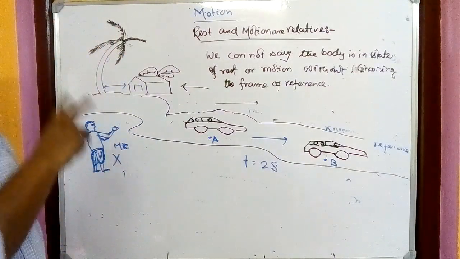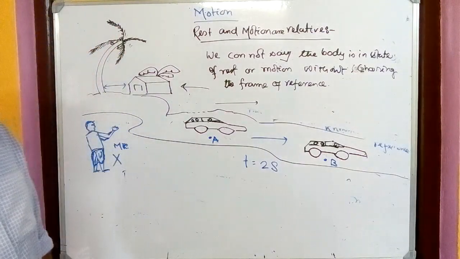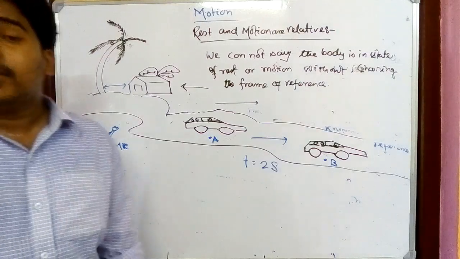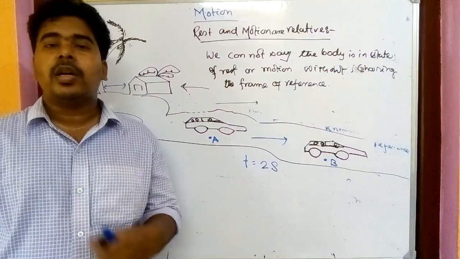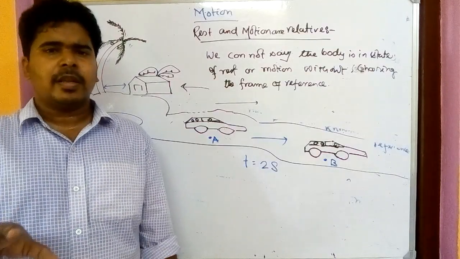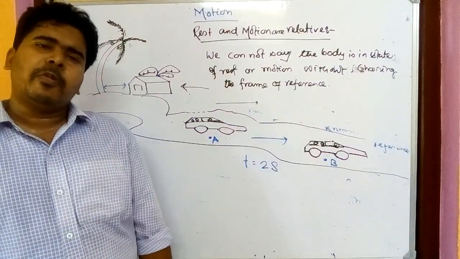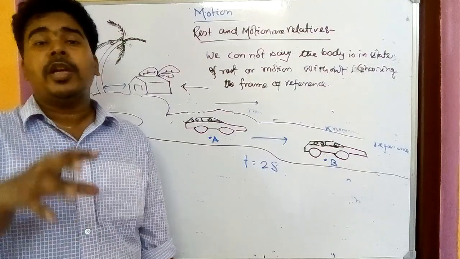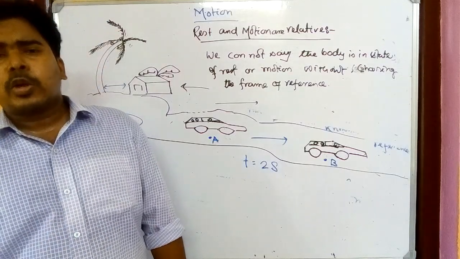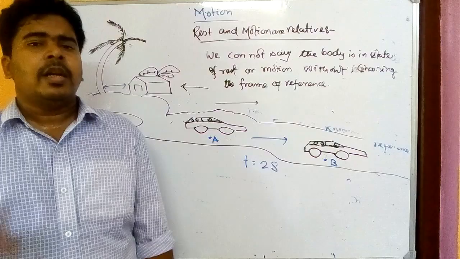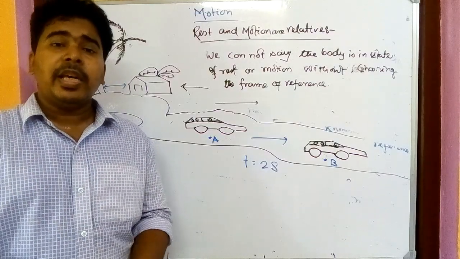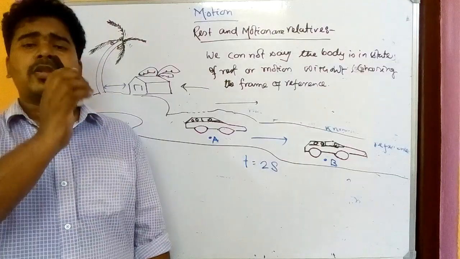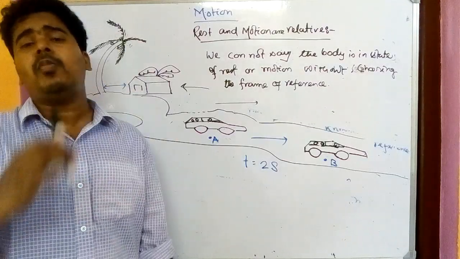So we can say rest and motion are relative to each other. Rest and motion are relative to each other, means with respect to some frame of reference, one body seems to be in motion, but with respect to some other frame of reference, the body seems to be at rest. So we cannot say the body is in eternal rest or eternal motion.